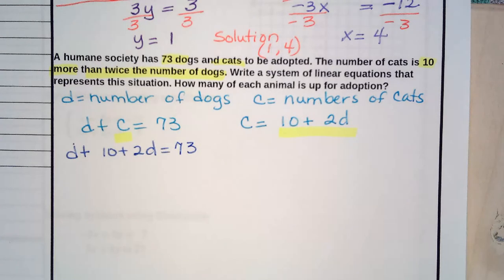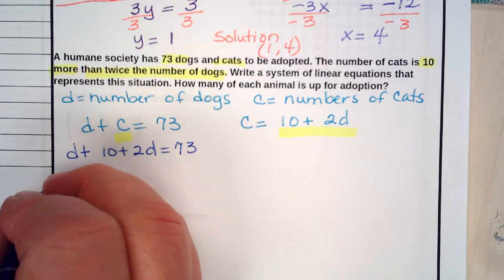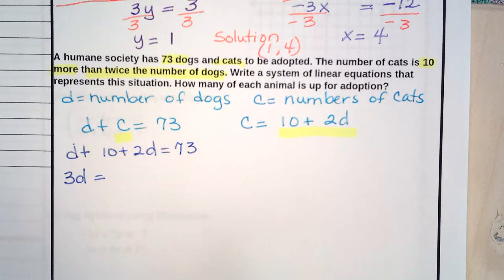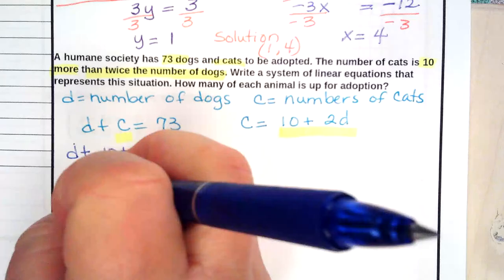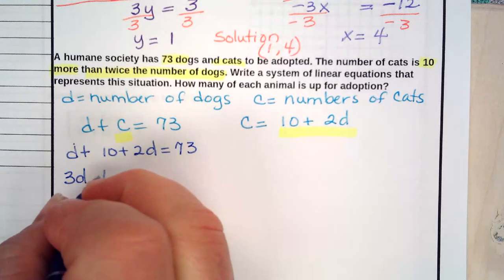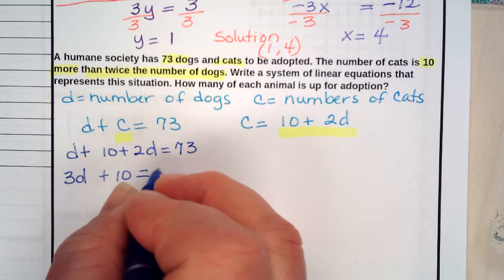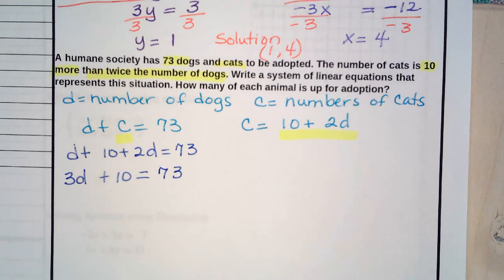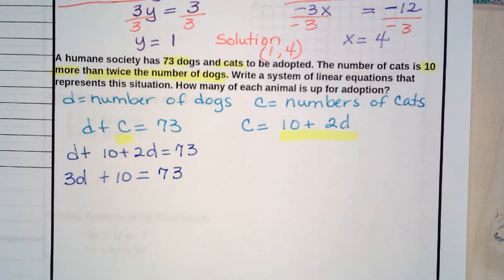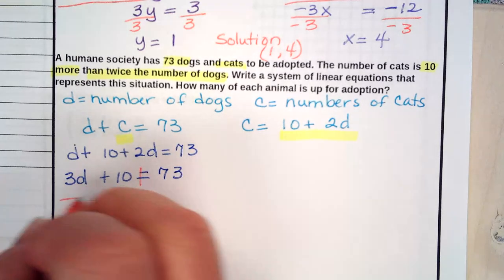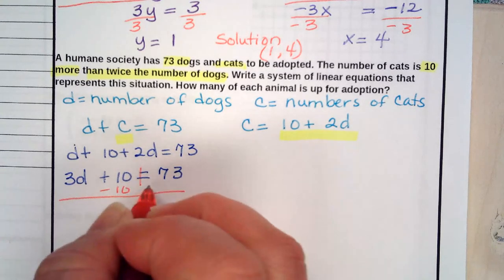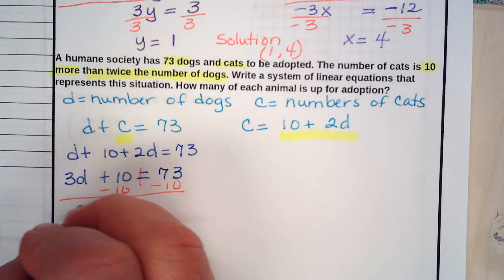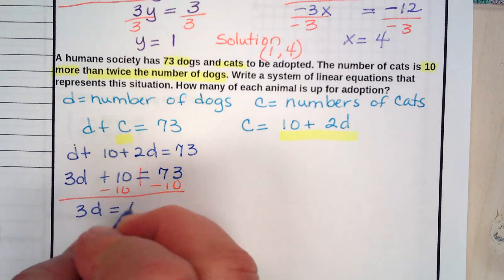Combine your like terms. D plus 2D is 3D, so 3D plus 10 is equal to 73. Now we're ready to solve. Start by subtracting 10 from both sides. 3D is equal to 63.